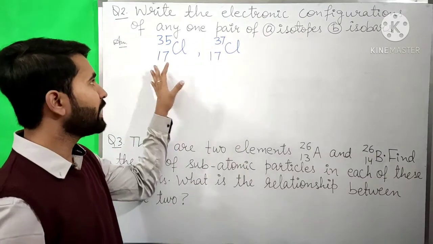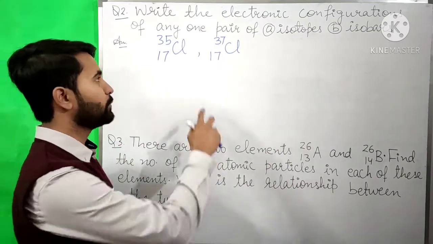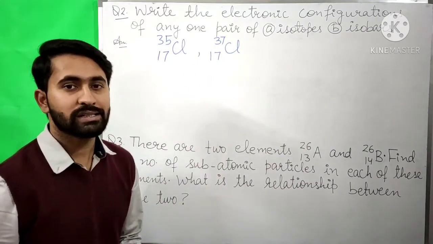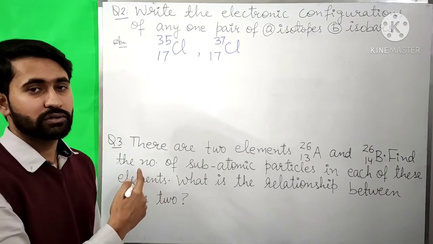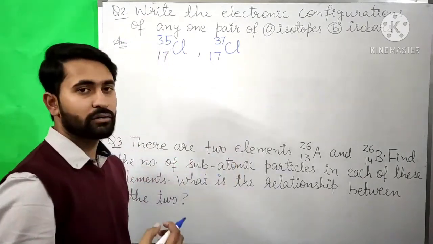Now they both will have an equal number of electrons because their atomic number is equal. Since the number of electrons is equal to the atomic number, they will have 17 electrons.